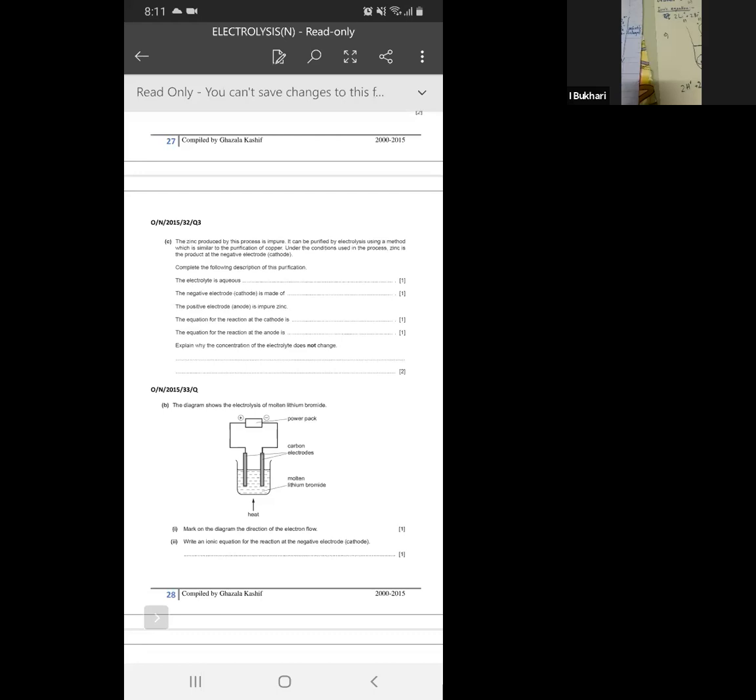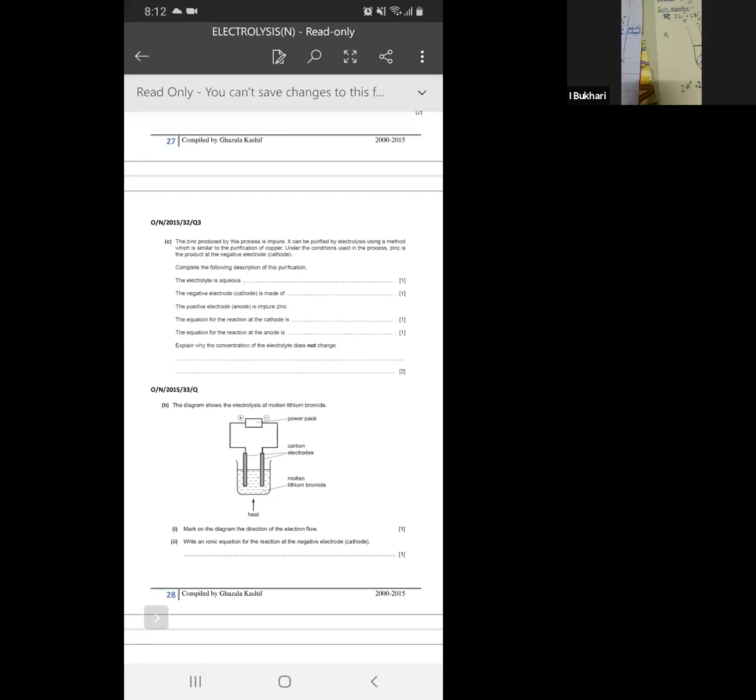For example, when they mention here that it can be purified by electrolysis using a method similar to the purification of copper, just keep the purification of copper in your mind. You might not have done the purification of zinc, but it will be exactly the same way, because they want you to think that way. That's why they have mentioned it in the question.